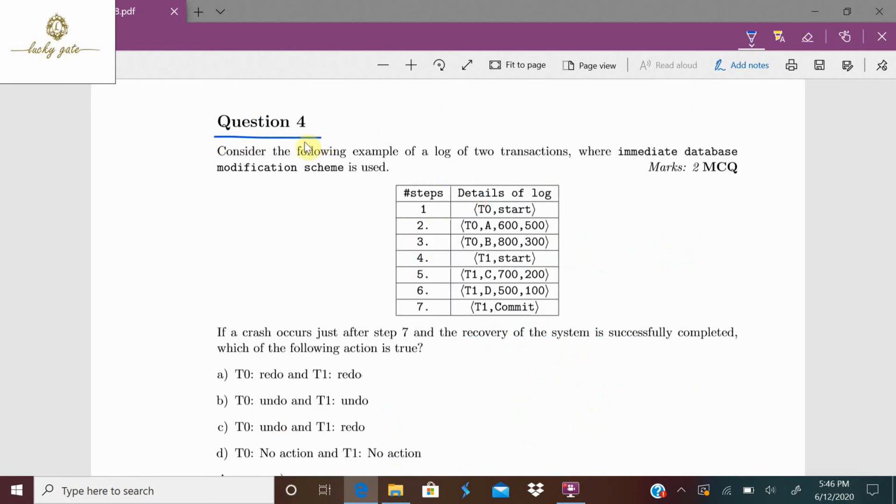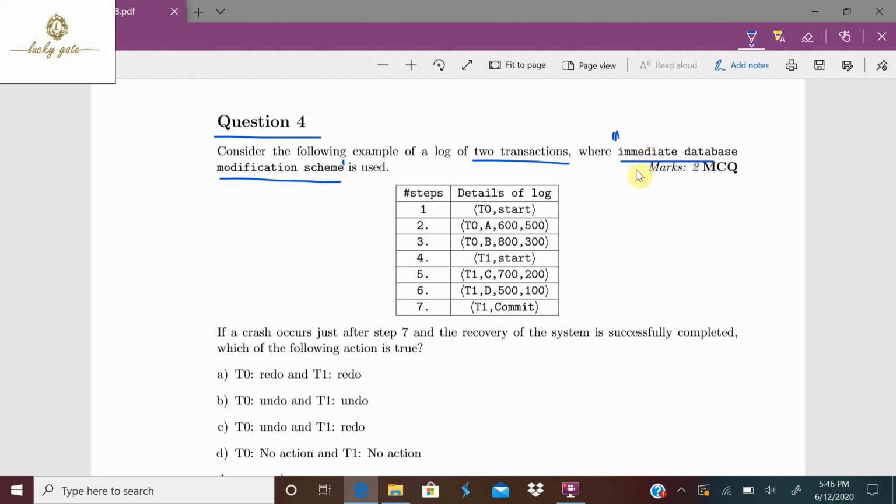Question number 4. Consider the following example of log of 2 transactions where immediate database modification scheme is used. In the immediate database modification scheme, the database is to be updated immediately and won't wait for the commit operation.